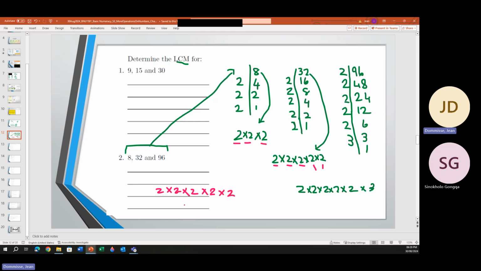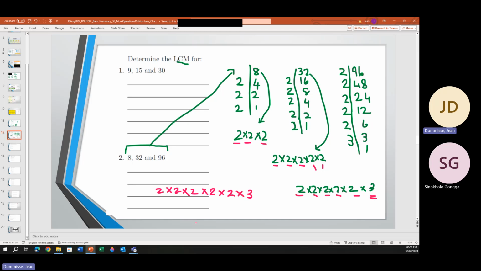That is 1, 2, 3, 4, 5. In the third one, we've got 1, 2, 3, 4, 5. So all the 2s are covered, but we still need the 3.